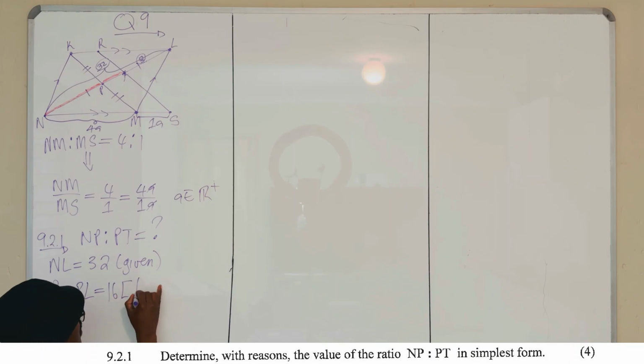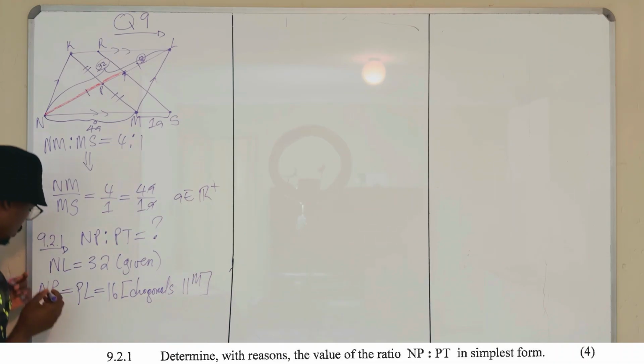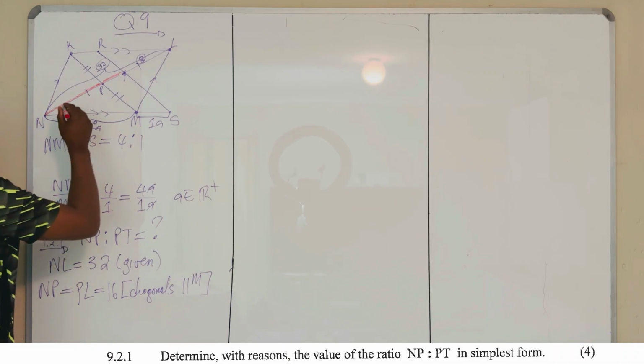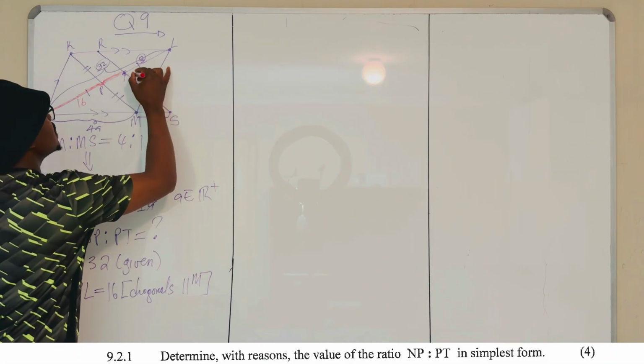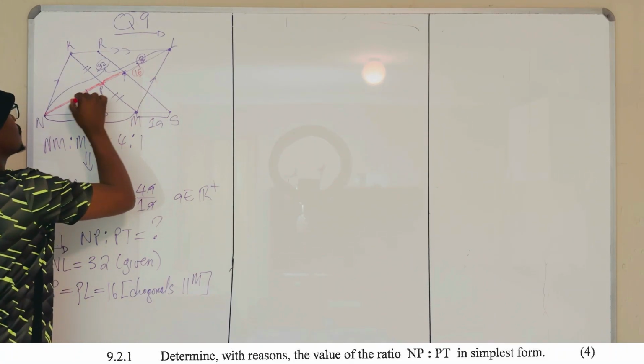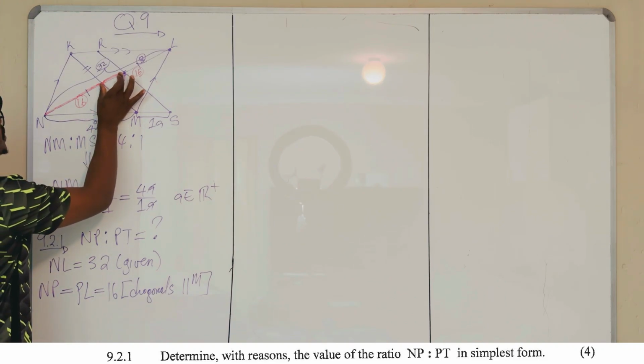We can say these are diagonals of a parallelogram, right? So we know that this length over here is 16 units, and that length over there is 16 units. No problem. So we have NP to be 16, but we do not have PT. PT is this distance over here.